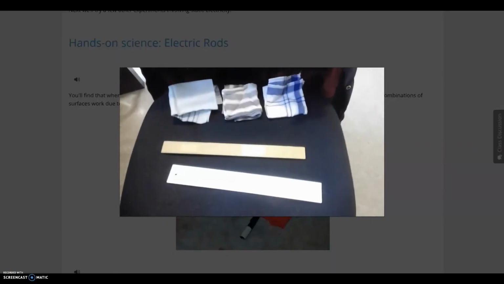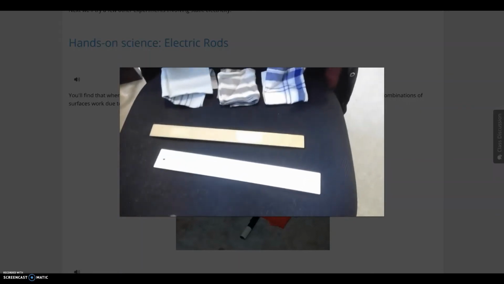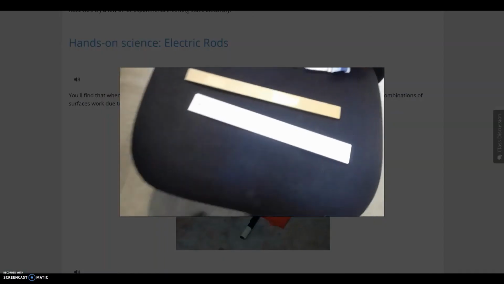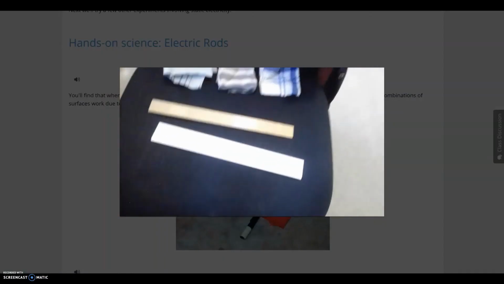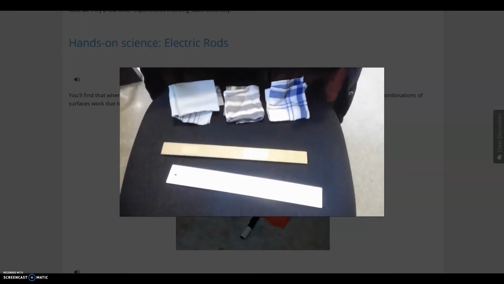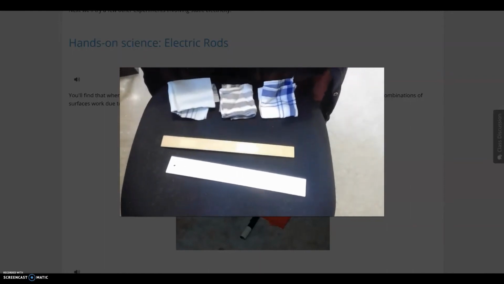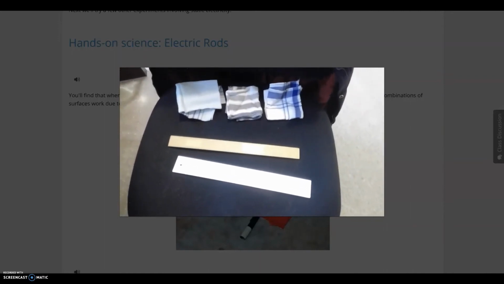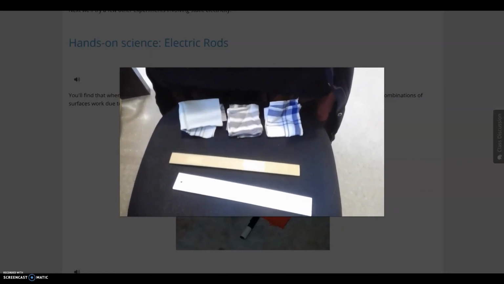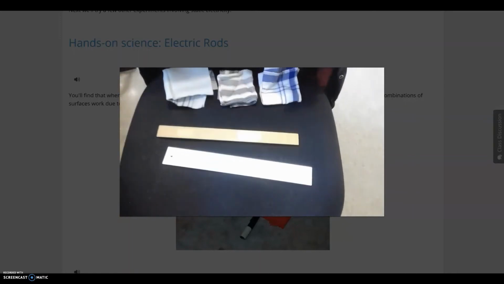Now, what you're going to notice in general is that rubbing any two surfaces together doesn't create static electricity. It's only specific types of surfaces that help that transfer of electrons happen. So only rubbing balloons against hair will actually get that static electricity to happen, but rubbing a balloon against another object might not do the same.